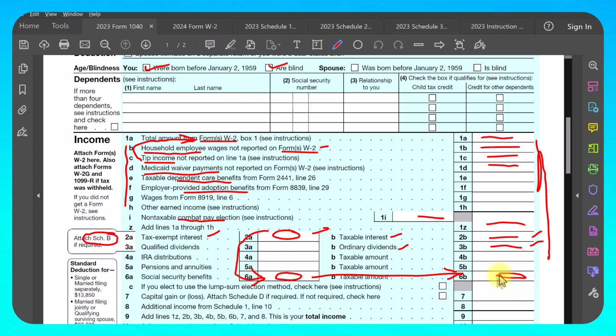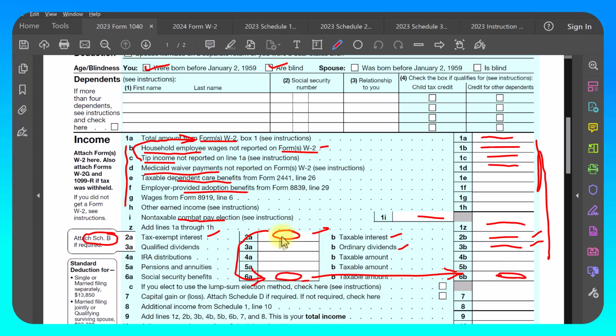If probably the only thing you receive during the year is Social Security benefits and no other income, this will probably be zero taxable. But if you have a moderate amount of other income, it'll turn up to 85% of your Social Security benefits taxable.